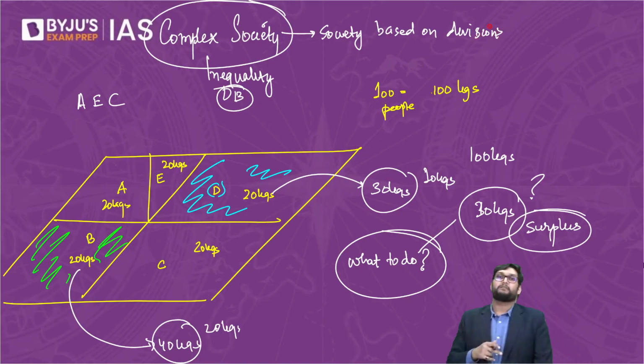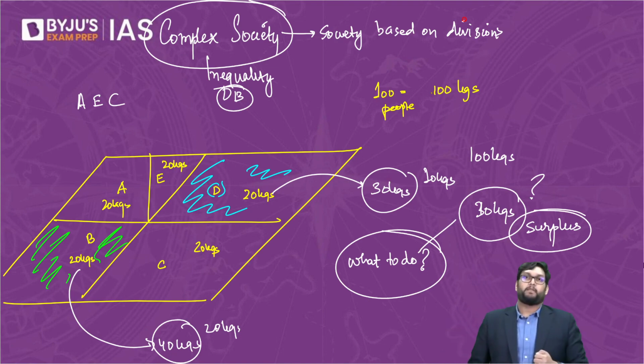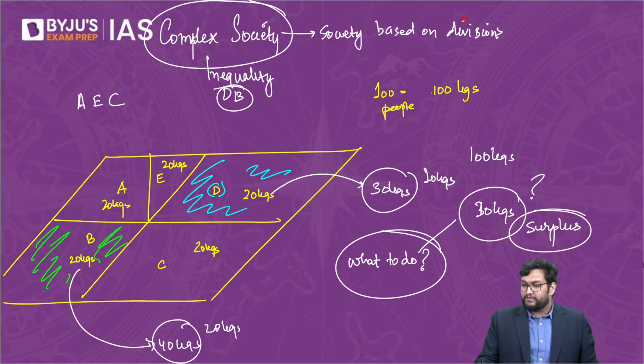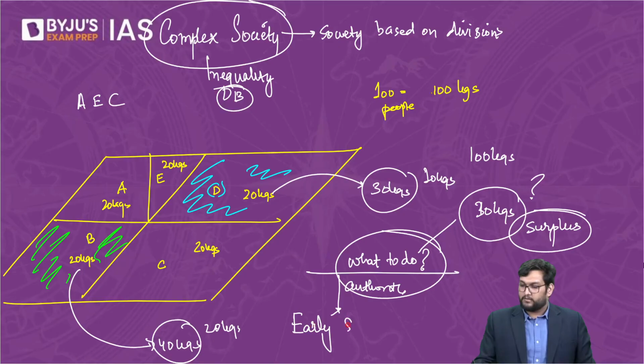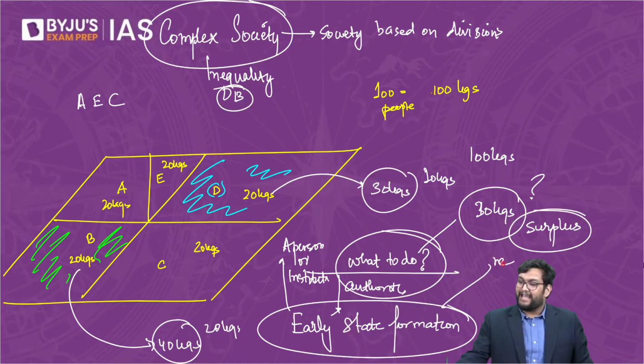And further, now you need an authority to redistribute this surplus. And therefore, the authority which is going to redistribute this surplus is what is called early state formation. Because we need a person or an institution to redistribute, as there is conflict.